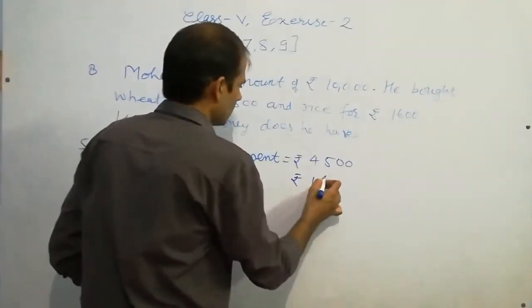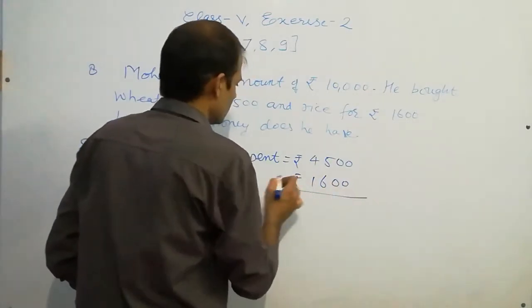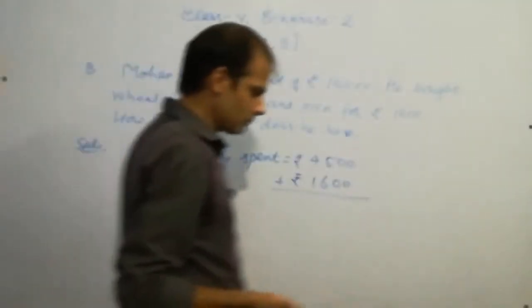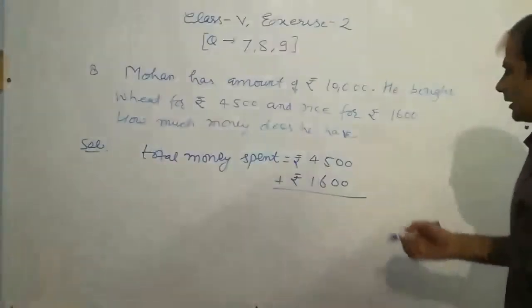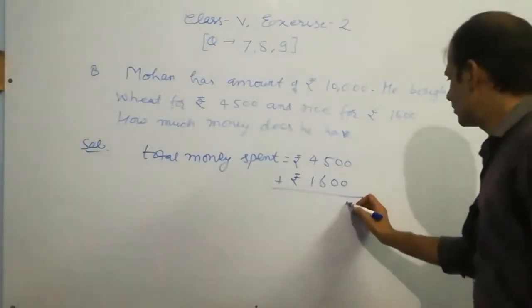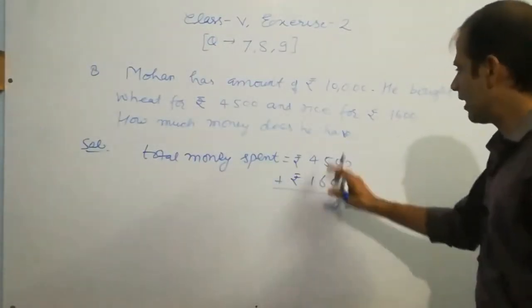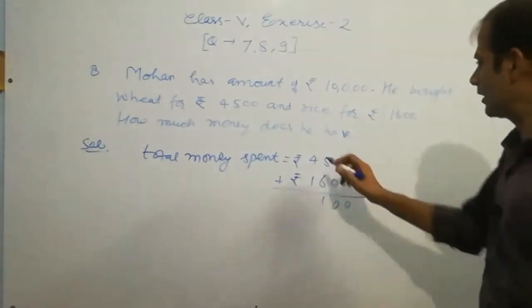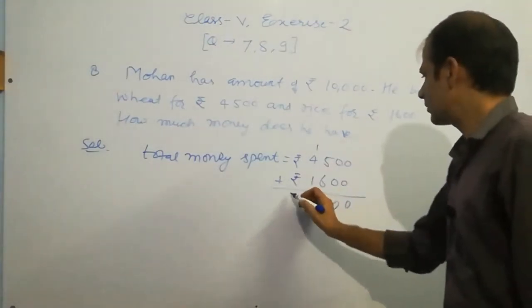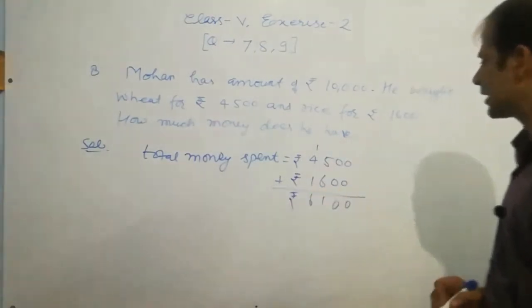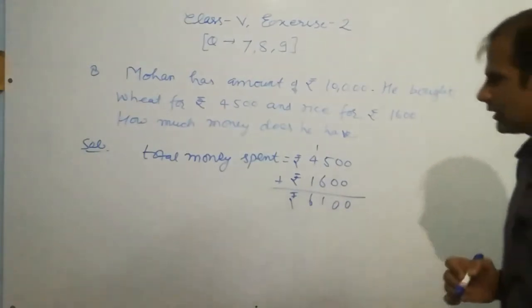Perform the addition, so easily you can perform. What will be the sum? 0, 0, 5 plus 6 is 11, 1 carry, and it becomes rupees 6100.